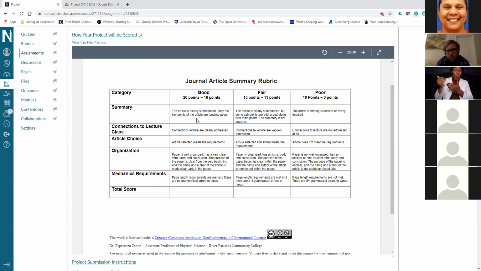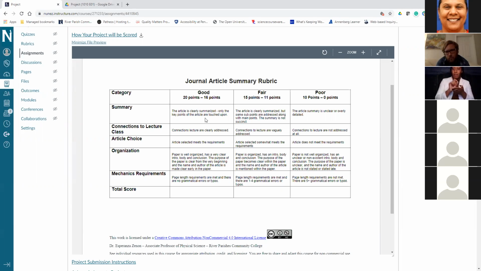So the summary: I'm looking for, is the summary in your own words? Are you telling me about the article, or are you using a bunch of jargon that's germane to the article and the author who wrote it? Are you using their words more than your own? Are you over quoting? I tell students I operate with a kind of 80-20 rule.